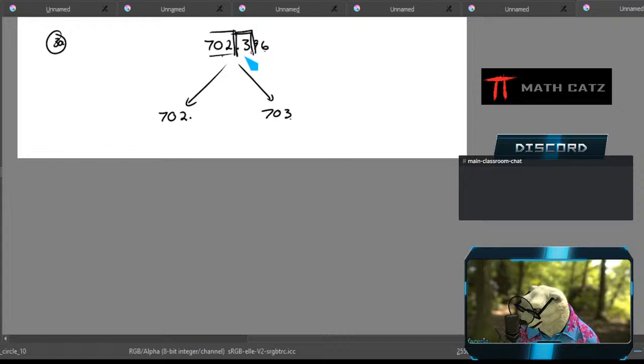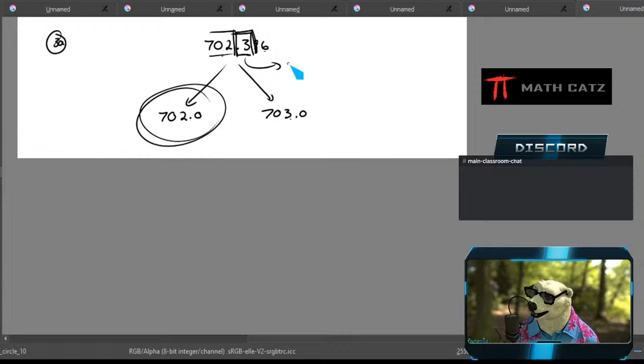Still at the next digit after where my cutoff will occur. It's a 3. 4 or less. And I'm going to go down to the smaller of the options.